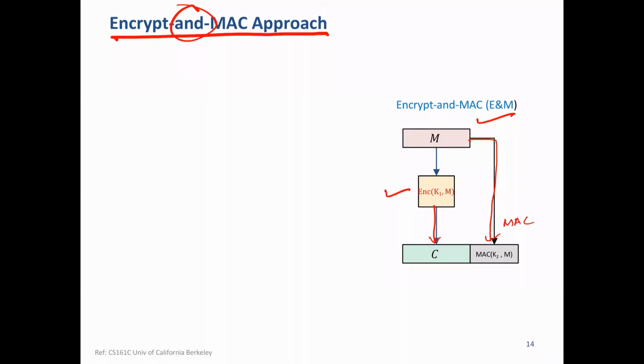The MAC is like a tag, but it is also based on the symmetric key concept, so it will use a different key. The key for encryption is K1 and the key for creating the MAC is K2. Now this is sent to the other end.